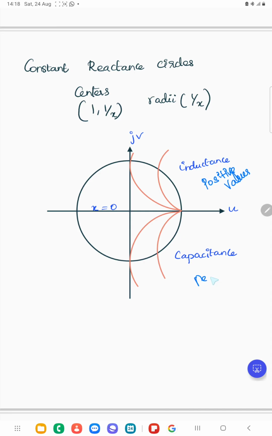If the impedance has negative values, it represents the capacitance. If we merge both the resistance circles and the reactance circles, it is nothing but the Smith chart.